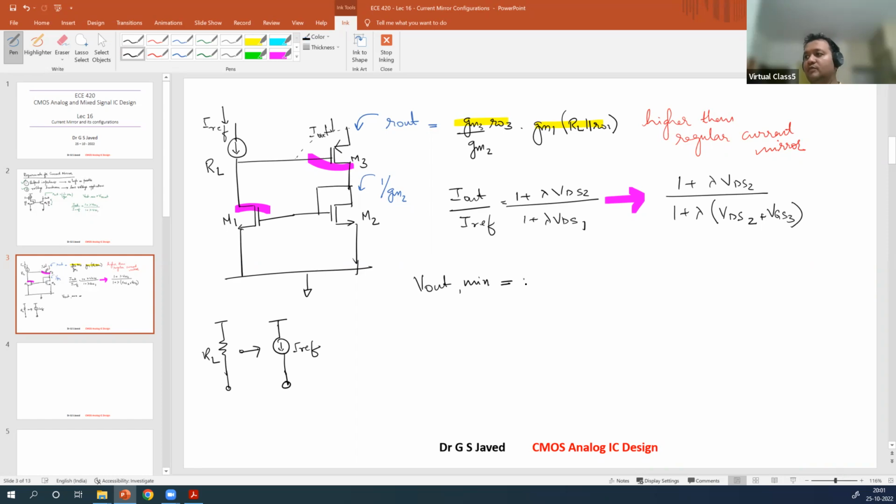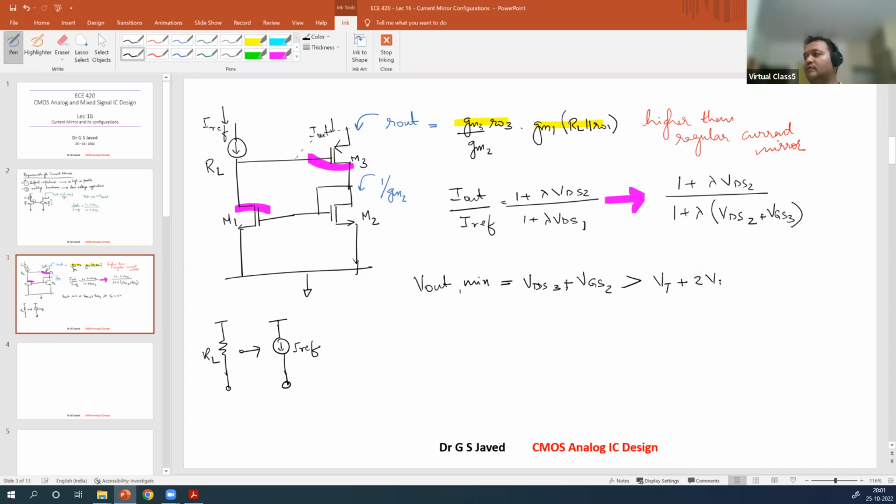So it is VDS3 plus VGS2 since it is a diode. Now that you should be greater than the VT plus 2 VD set. Sorry, 2 VT. It would be 1 VT of this device plus 2 VDSs of the stacked devices.